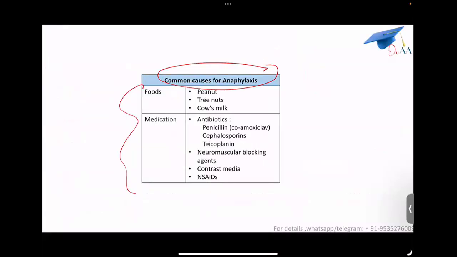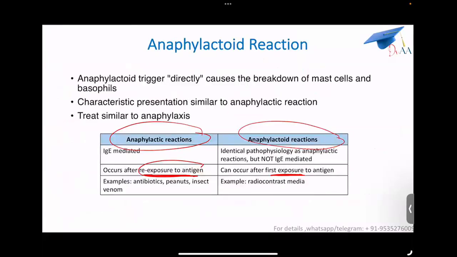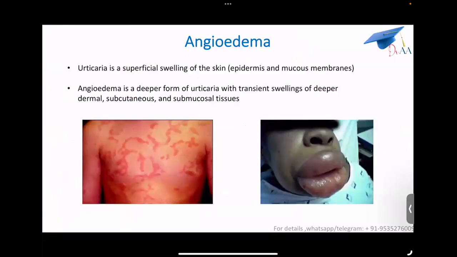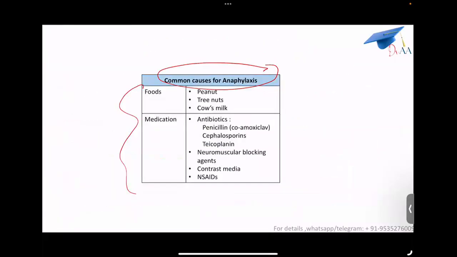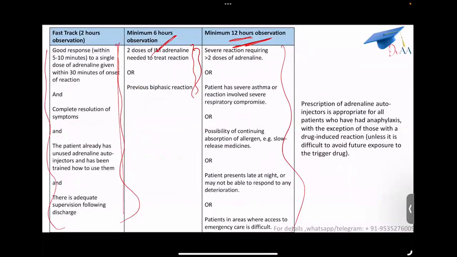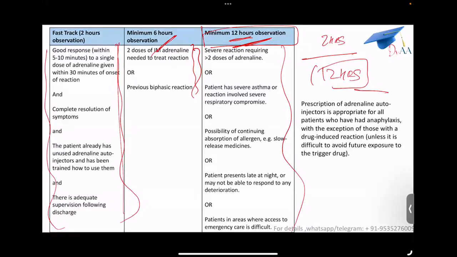Okay, thank you. Sir, after a biphasic reaction also, would the observation time be the same or different? Observation time will be again, for example, you're admitted, after 2 hours he had it, then you'll be observing a minimum of 12 hours again. So again, if you had it, then again 12 hours is the minimum after a biphasic reaction you need to observe.